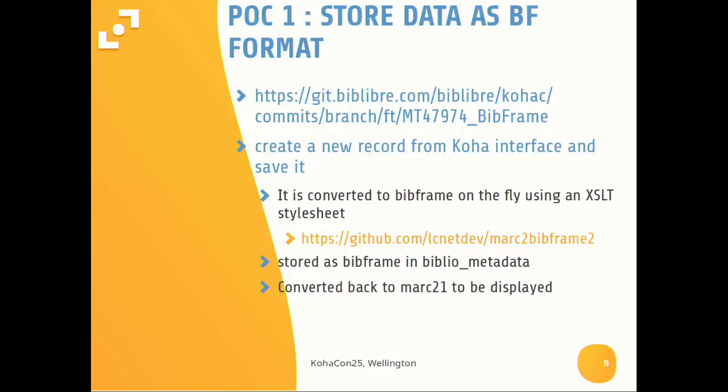I didn't make it fail at the moment, so it kind of proved that the 2 XSLTs that convert from Bibframe to MARC and MARC to Bibframe are bijective. The drawback is that at the moment it's only MARC 21, so if you wanted to do UNIMARC or else, we would have to create or adapt those XSLT files.